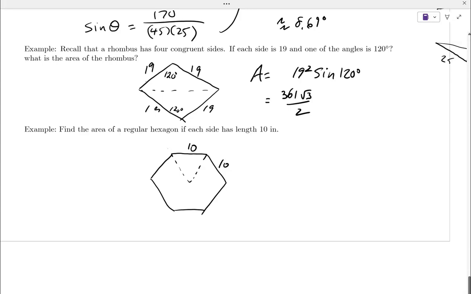I would have 6 triangles coming out of that, wouldn't I? All the way around would be 360. If I've got 6 triangles going all the way around, this angle is going to be 60, right? Agree with that?